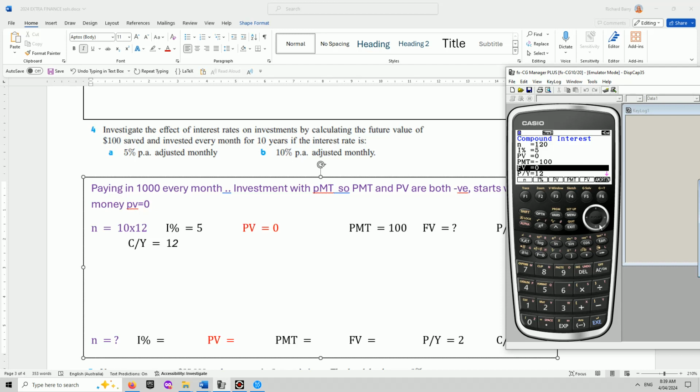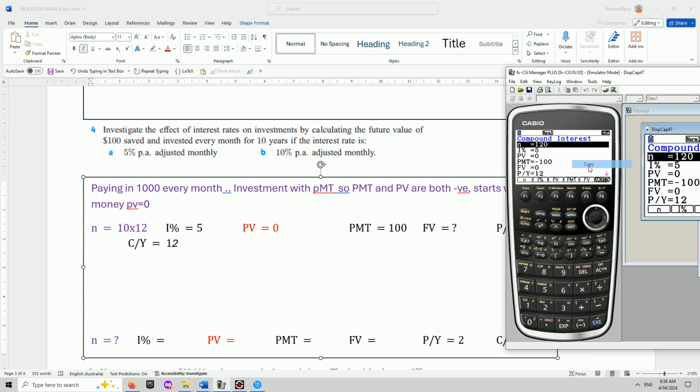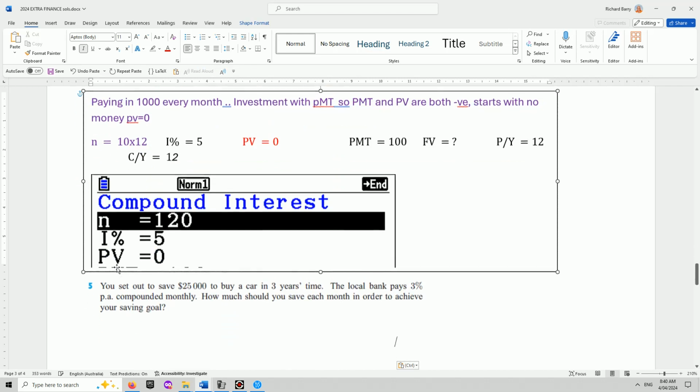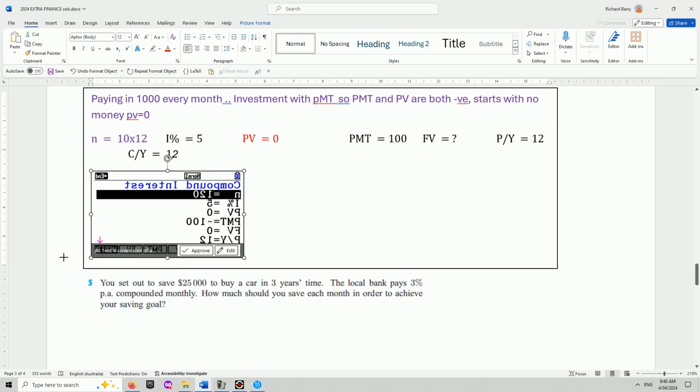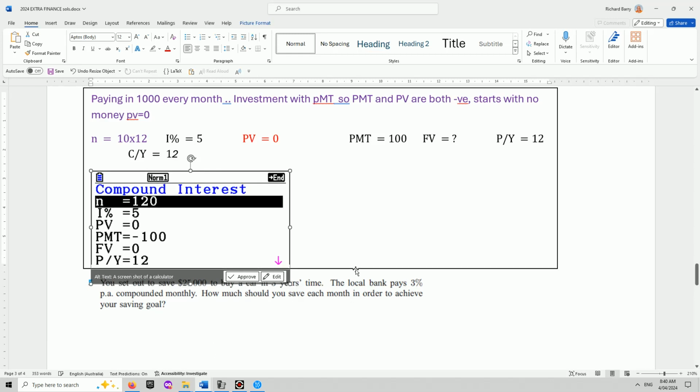So, alright, we'll go to the next one. And it looks like it's already set up for 12. Copy. Place that one into there. Thank you. So helpful.